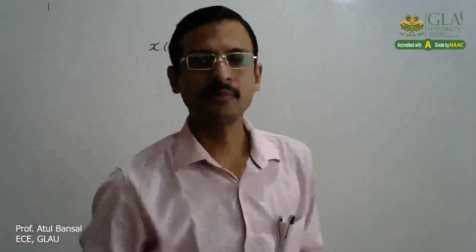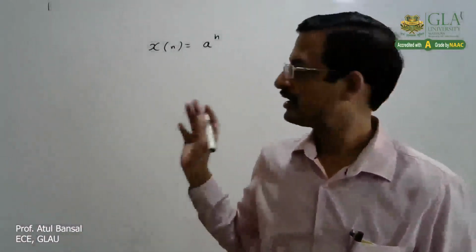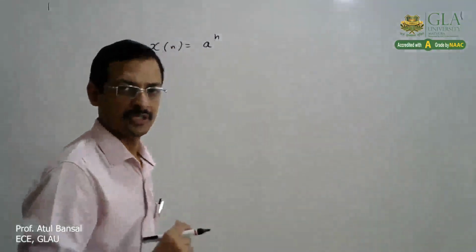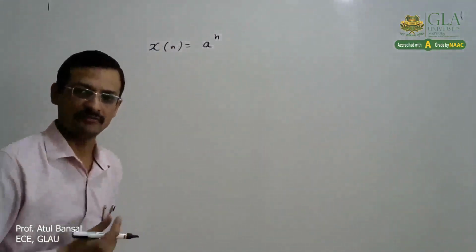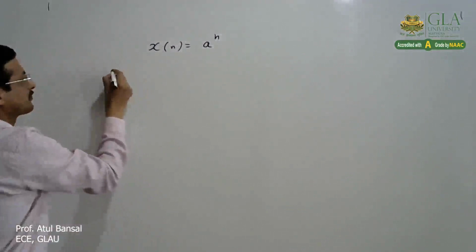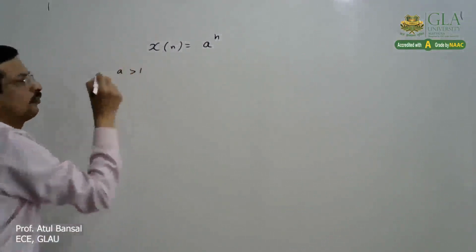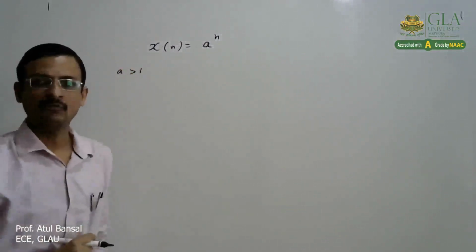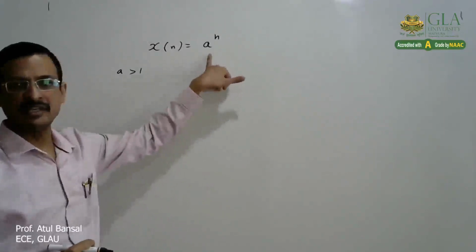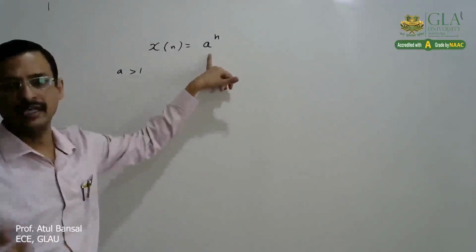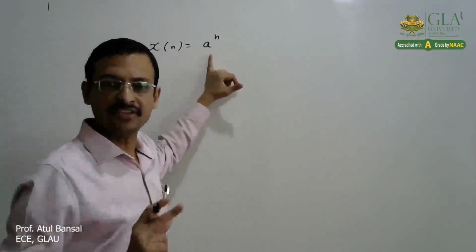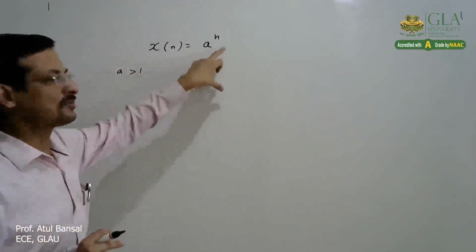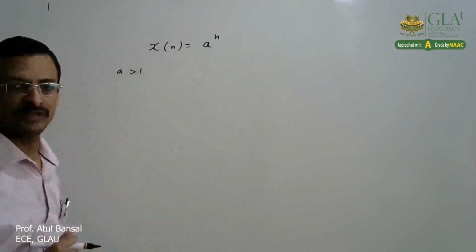Again, depending on the values of a, this signal will have different shapes. Firstly, if a is positive and a is greater than 1, what will happen? a greater than 1 means a can be 2, 3, 4, anything, but an integer, not a fraction. So this will be 2 raised to power n, or 3 raised to power n, or 4 raised to power n.